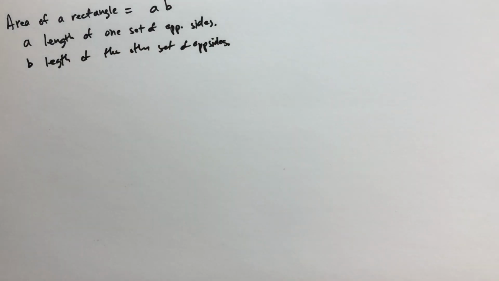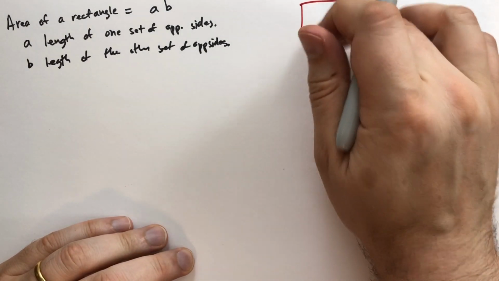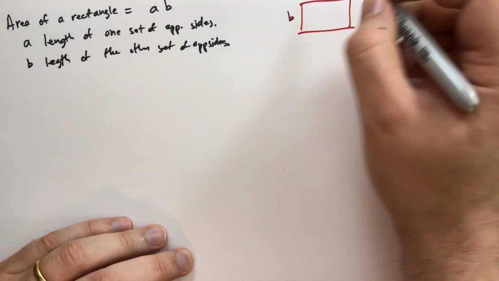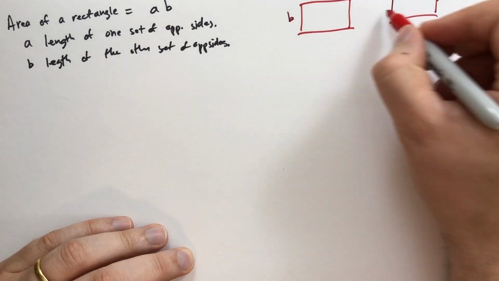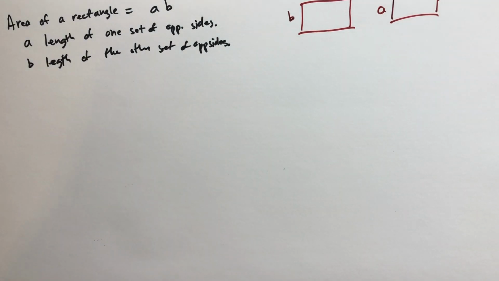What does that look like? Well, we have our rectangle, and we have these opposite sides of the same length, and these opposite sides of the same length. Let's call this one A, and let's call this side B. We could have also done it the other way. Doesn't matter, the area is the same. So the area is the product of the lengths of opposite sides.